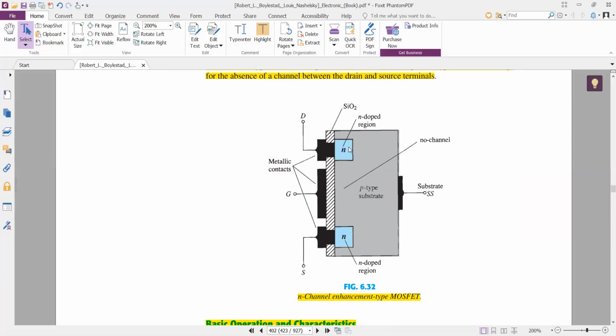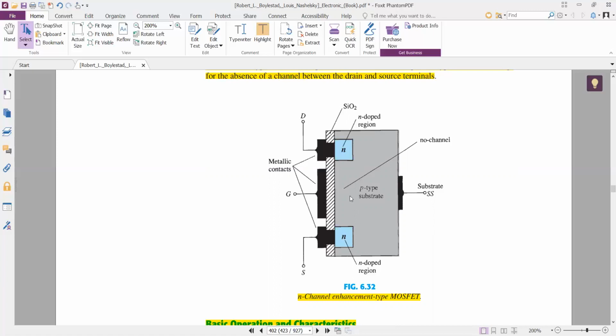The upper portion connected with the metal connector serves as drain, while the lower N-type material connected with the metal connector serves as source.